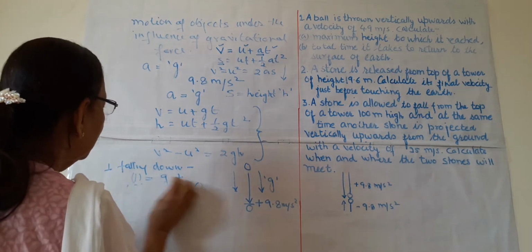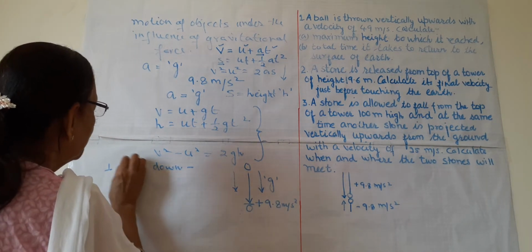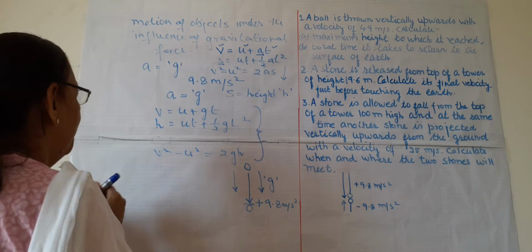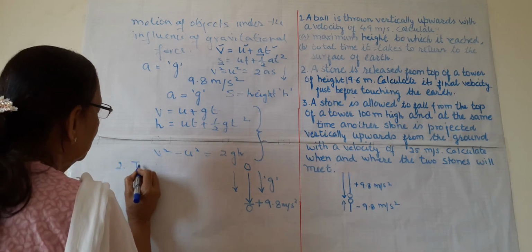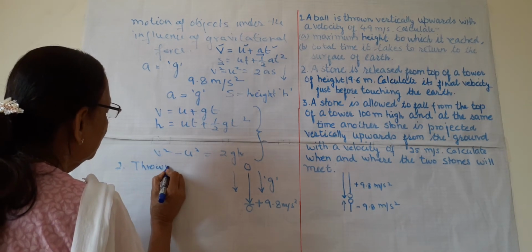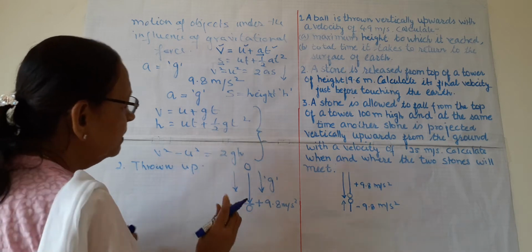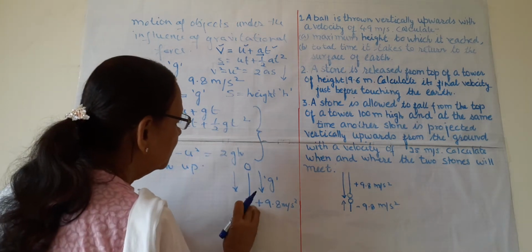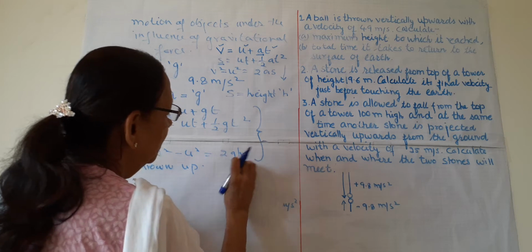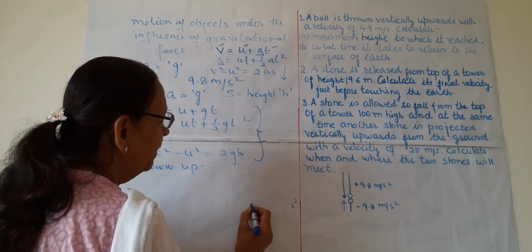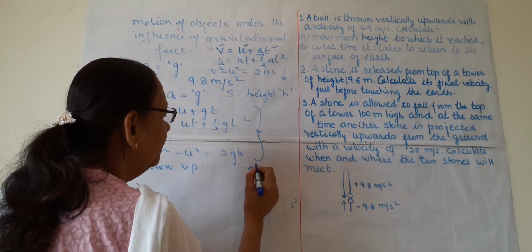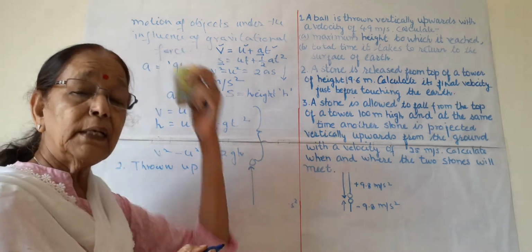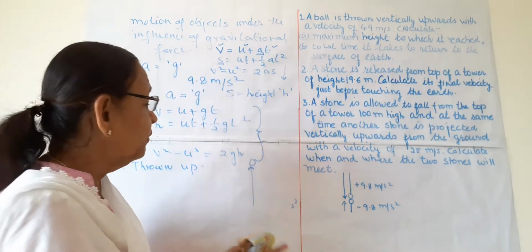Now the second case, when the object is thrown up. Then also these equations are valid when the object is thrown up. Suppose this is the ball in my hand, I throw it up towards the sky.